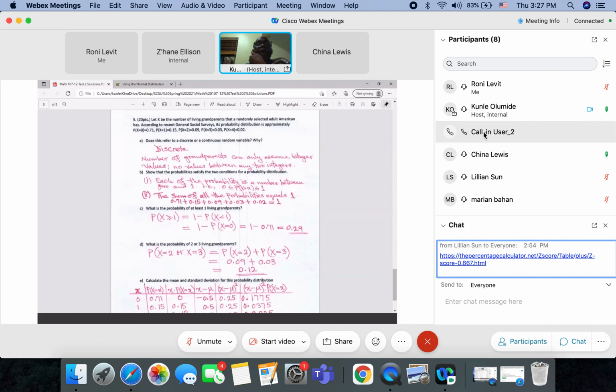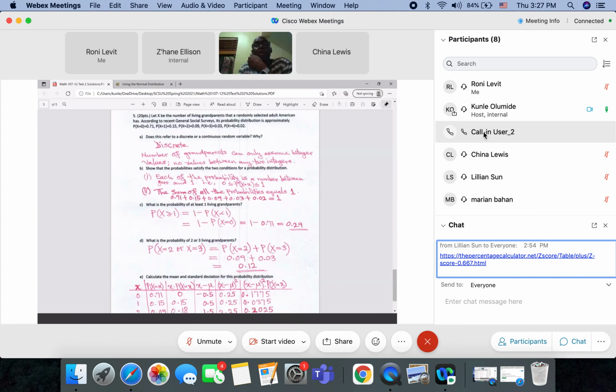And then number 5A, you are given that, and that's the number of living grandparents, right? The question is, does this refer to a discrete or a continuous random variable? That would be obviously discrete. Number of grandparents, there's no half grandparents or a quarter grandparents, so that is discrete because it assumes integer values.